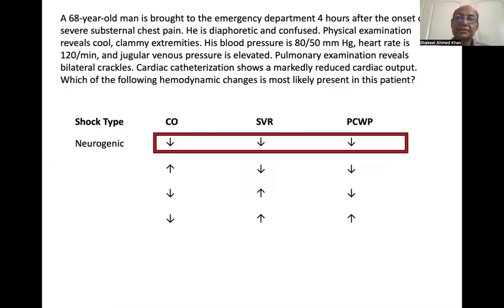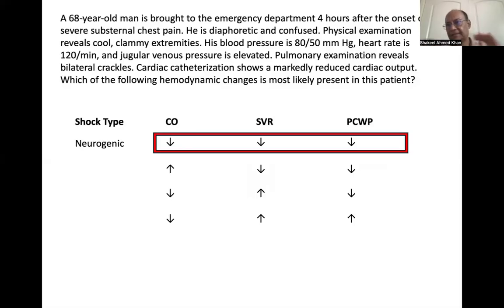What happens in neurogenic shock? Well, neurogenic shock is a sudden loss of the tone, mostly the vascular tone, the venous tone. Suppose somebody hears very bad news and falls down, and we say in common language, well, he got a shock.